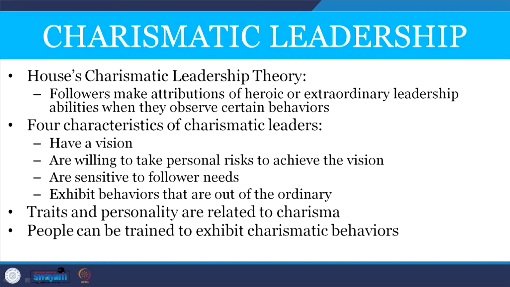So, in charismatic leadership, the followers attribute extraordinary leadership ability when they observe certain behavior, like the characteristics of a charismatic leader. They have a vision, they give a well defined vision to the subordinates, they are willing to take risk to achieve the vision, and they are sensitive to the needs of the followers.